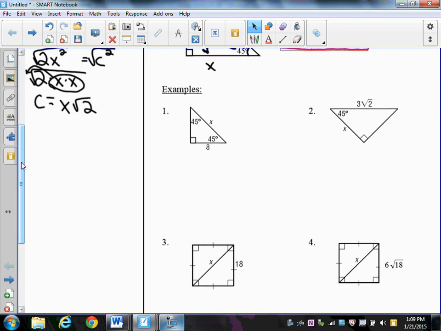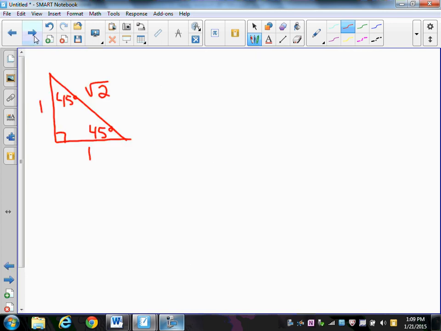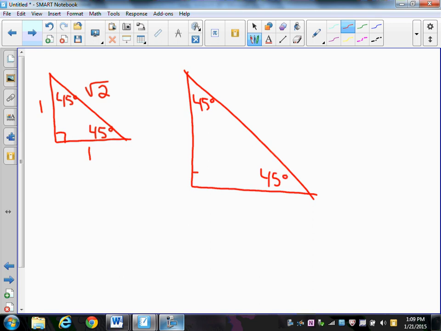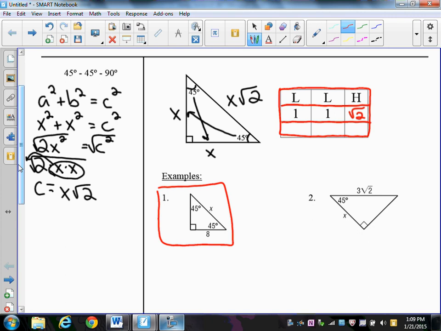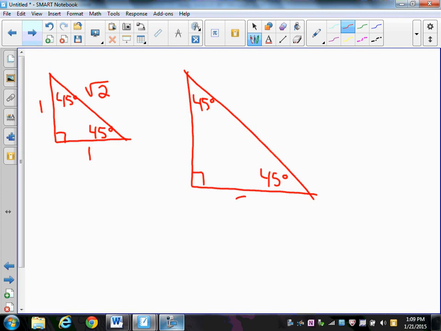So if I look at example 1 here, I have a 45, 45, 90 triangle. And the lengths that I'm given are a leg of 8 and the hypotenuse of x.